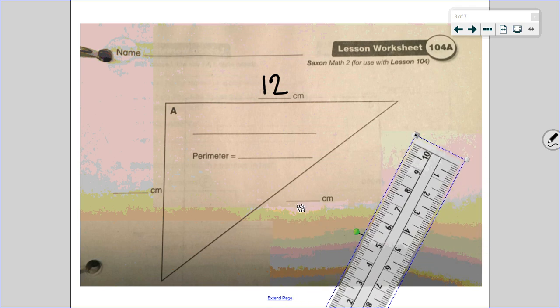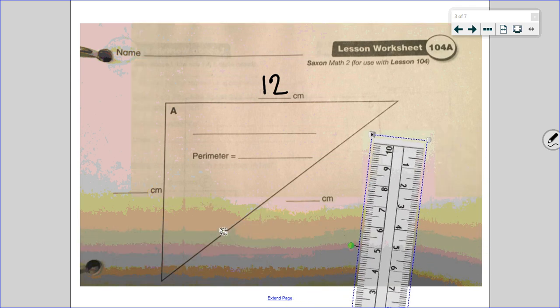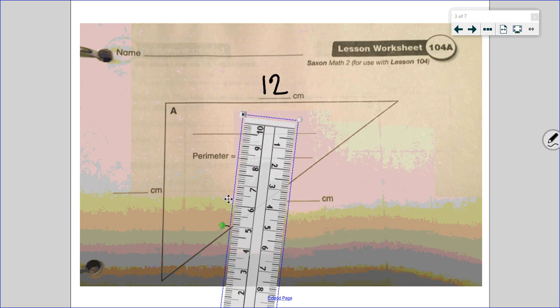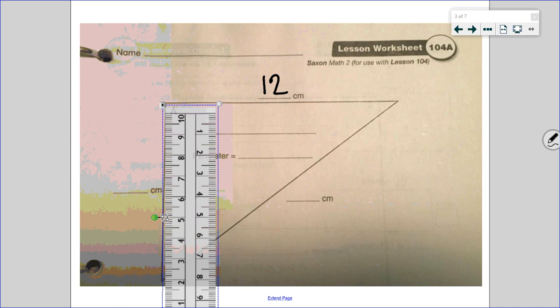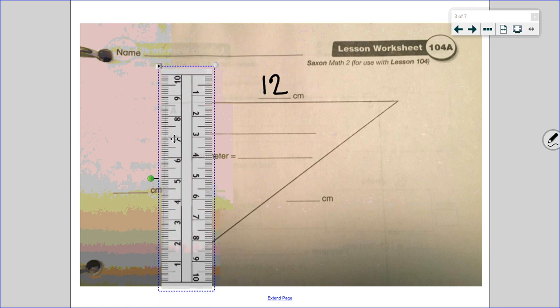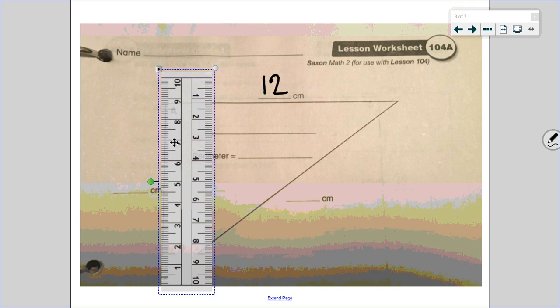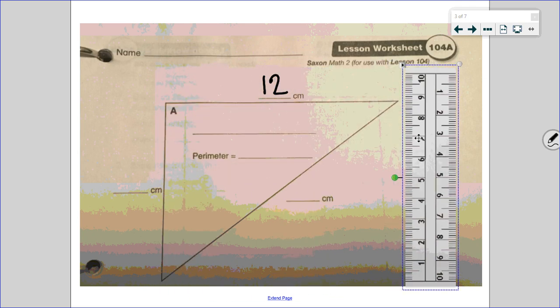Now, take your ruler and line it up with our up and down or vertical line, line it straight, and let's measure. Good job. If you came up with 9 centimeters, you are correct.